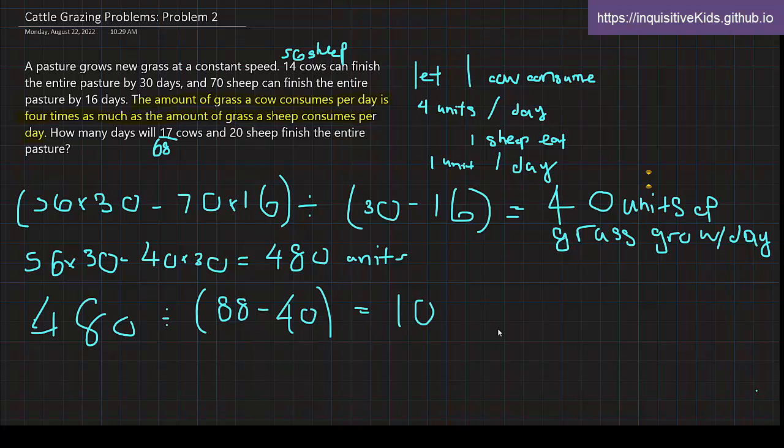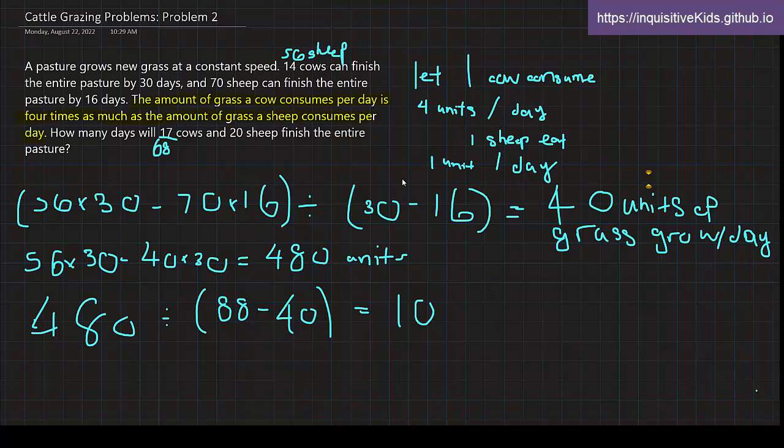And this is because 480 is the total amount of original grass, and the divisor right here is the total amount of sheep, right, 88. But then we have to take a part of it, the 40 sheep, to finish eating the amount of grass that grows up every day.